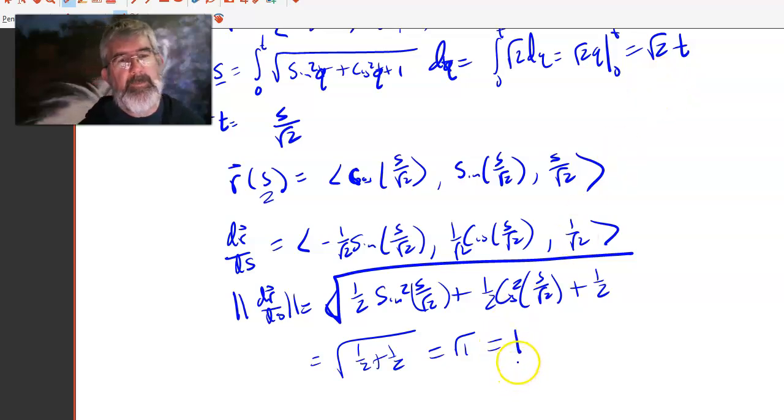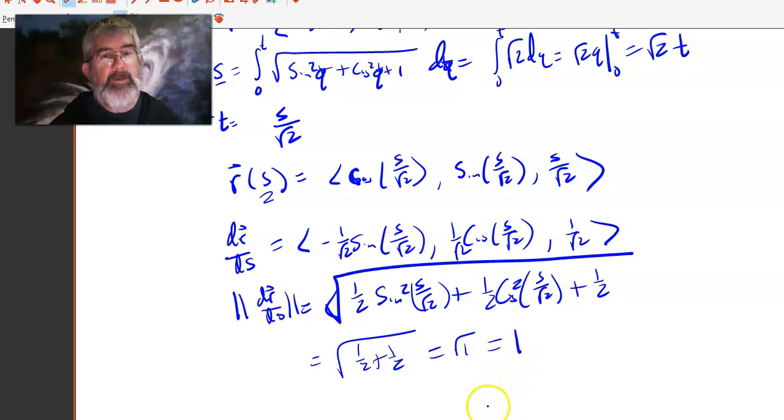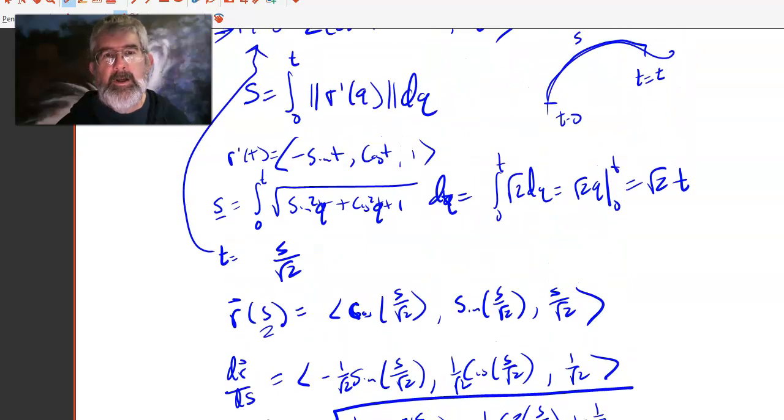Okay. Now, the process of reparametrizing with respect to arc length is the same every time. You are doing the integral of the length of the derivative vector from 0 to t.